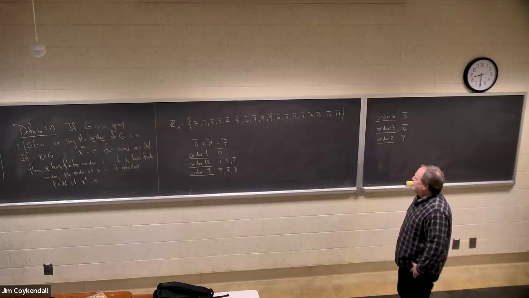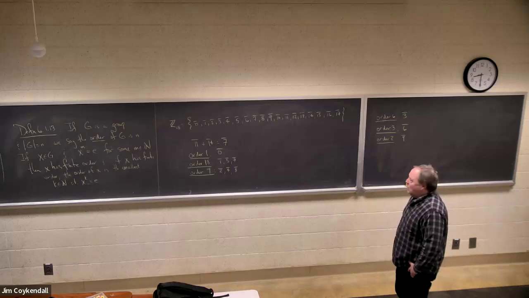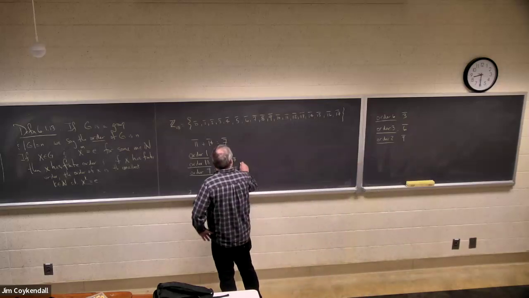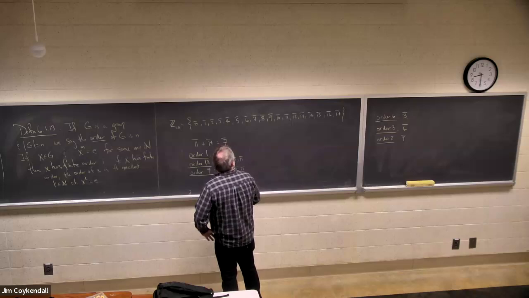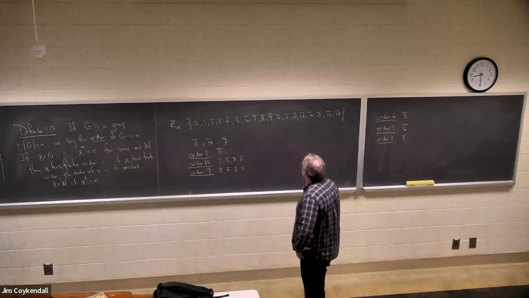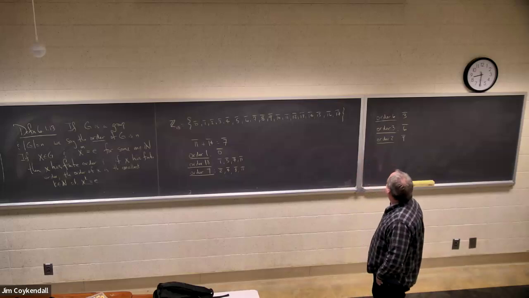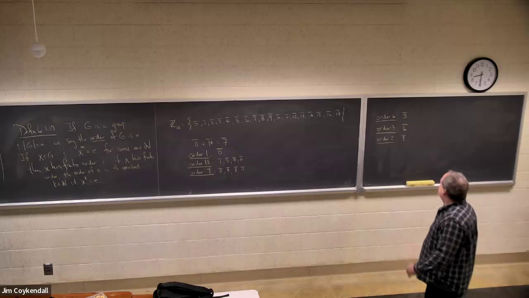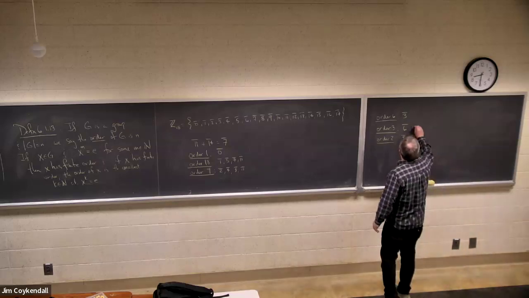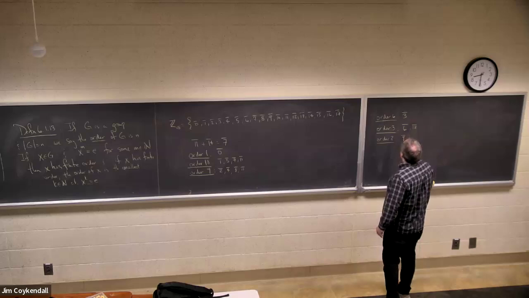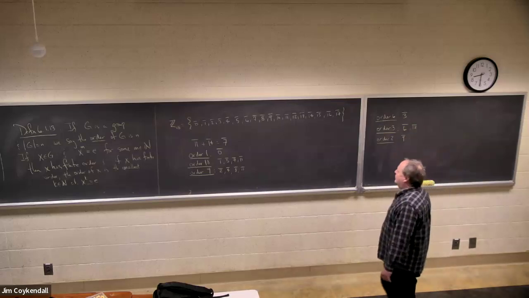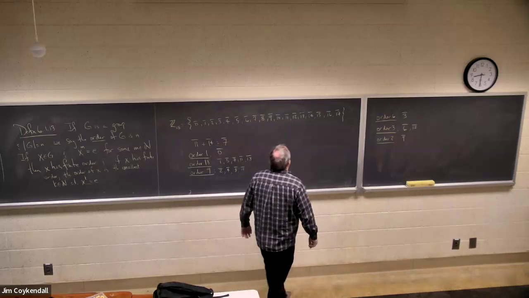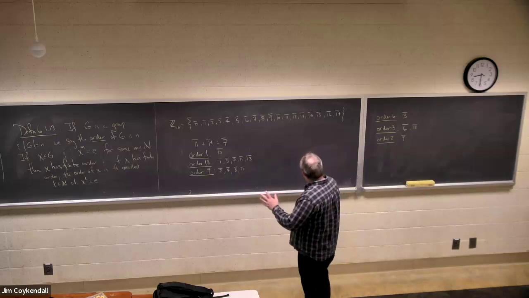Okay, so let's fill out the rest of this. What about 10? That should be order 9. 11 should be order 18. How about 12? I think 12 should function like 6, so it should have order 3. 13 is relatively prime to 18. 14, that's 2 times 7.